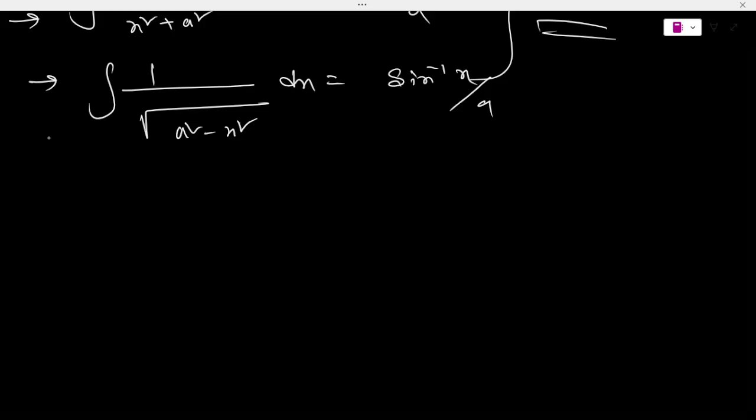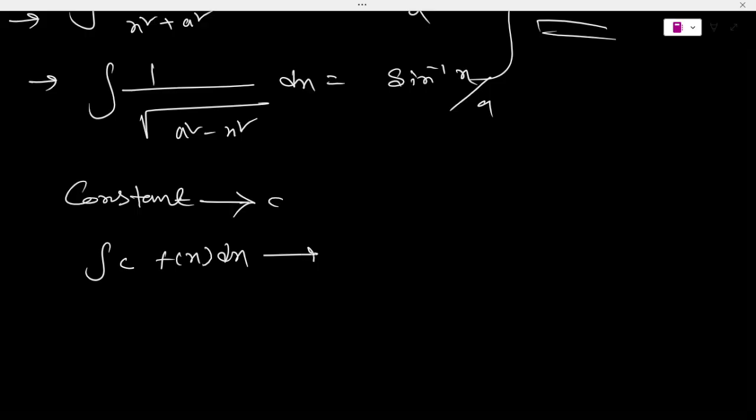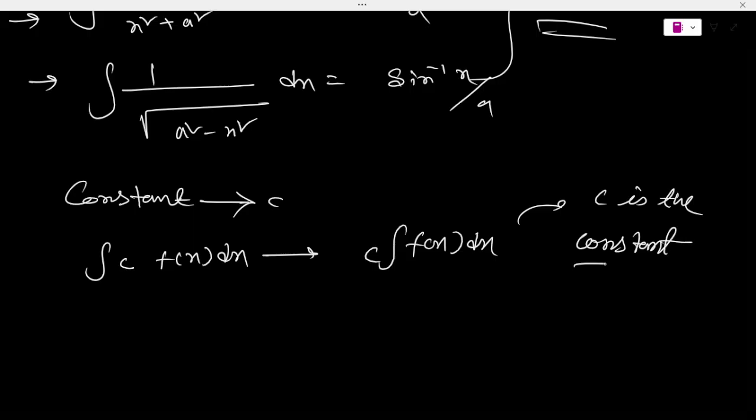Let's say, for example, given the constant c, for the integration of c f of x dx, what will come out? The constant will come out first, integration of f of x dx, where c is the constant, okay.